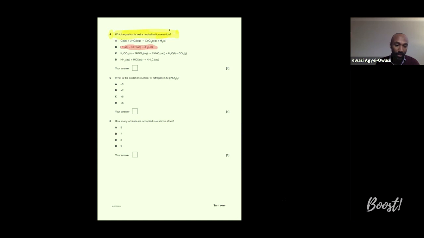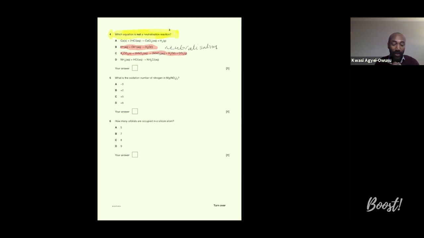So that's what a neutralization reaction is. And then if we consider C as well, we can see that potassium carbonate is a base and it is reacting with an acid in the form of nitric acid. And so again, we can rule that out because it is a neutralization reaction.